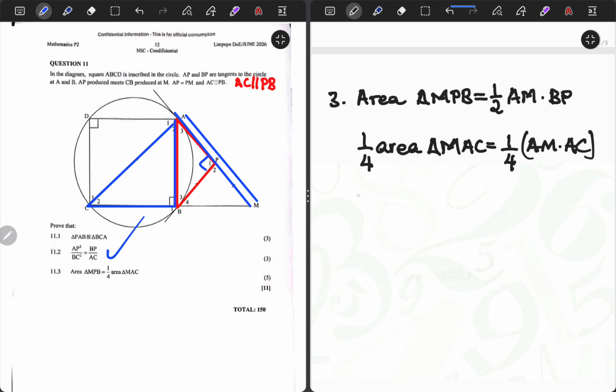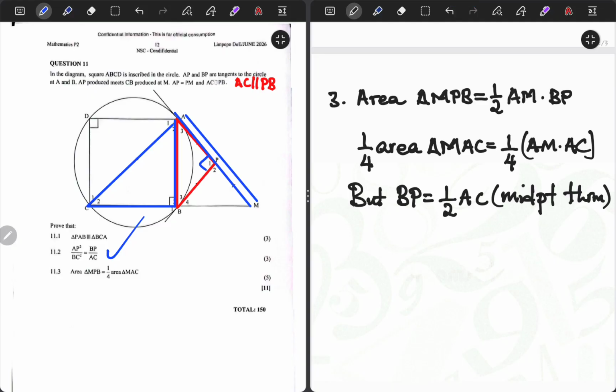Then we can say but BP equals to half of AC. So we can write midpoint theorem here. So we'll say, meaning that where there's AC, we can replace by.